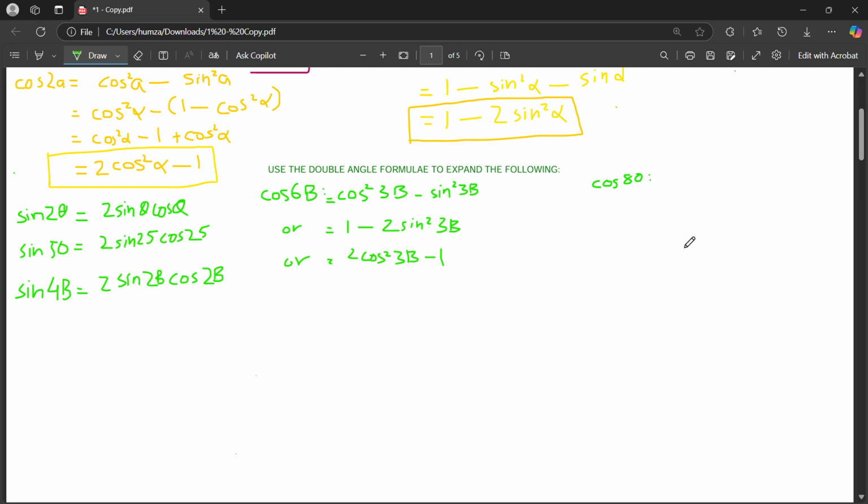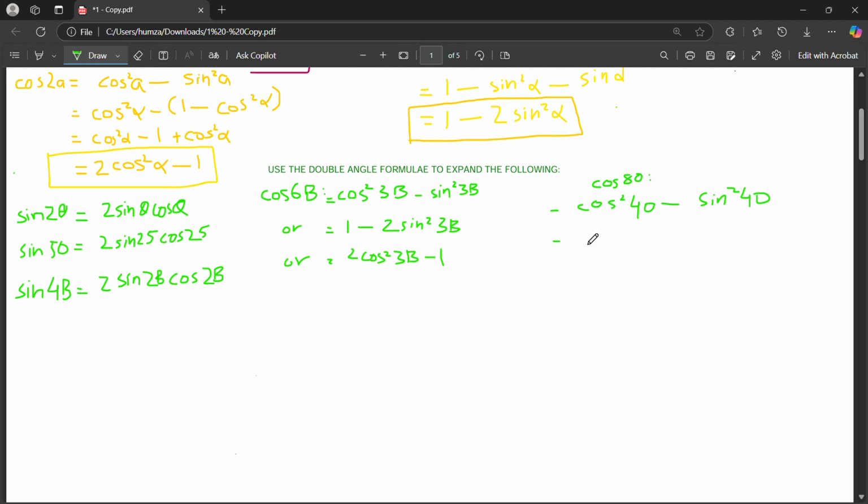Cos 80 degrees, we can say that cos 80 will be cos squared 40 degrees minus sin squared 40 degrees. This is using the first rule.